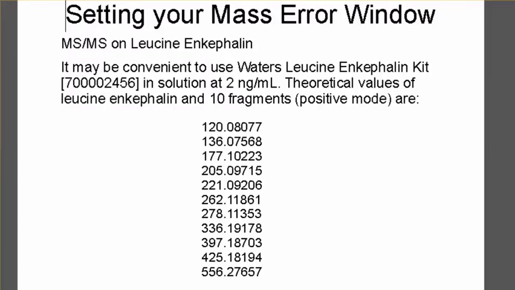A good compound to use to check your mass error window setting is leucine enkephalin. It's pretty easy to get solutions of this commercially, and the fragmentation is pretty well known. So I've listed here 10 of the larger fragment ions of leucine enkephalin and the theoretical values.